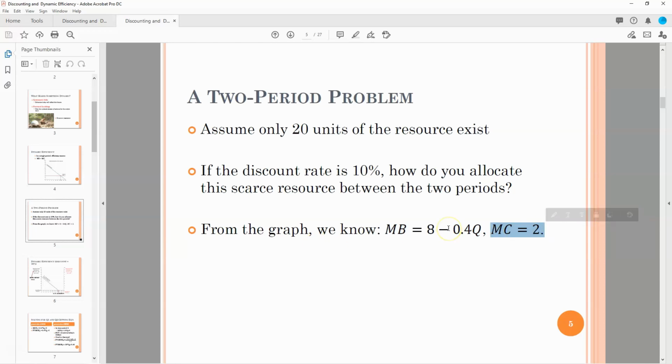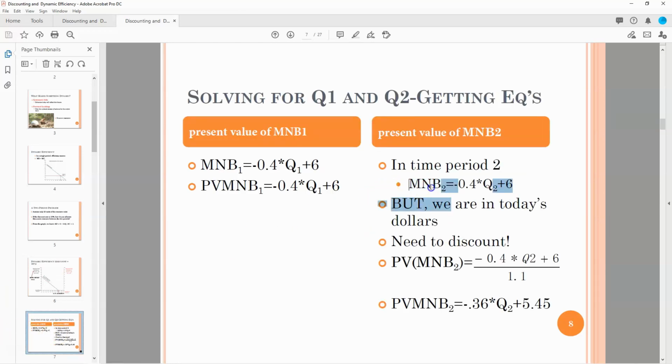So we just take the difference between those two curves, and we get our marginal net benefit curve for period 2. However, we are in today's dollars, so we need to convert the marginal net benefit in period 2 back to period 1.